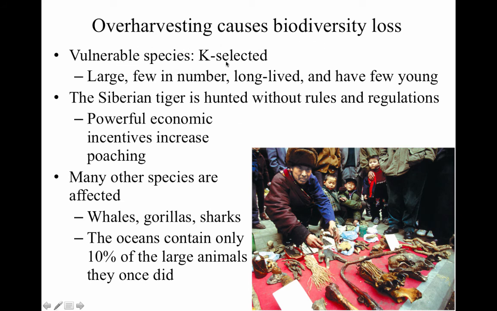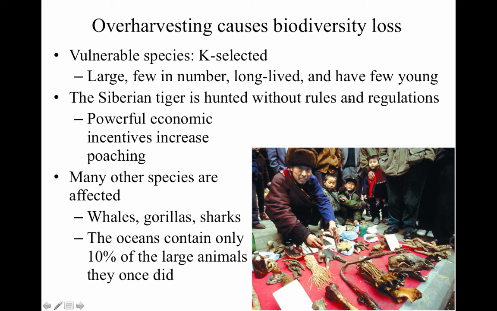The ones that are vulnerable are those that are K-selected. These are the ones that have few offspring and take a long time to mature to get to an age that they can reproduce. These animals are large generally compared to r-selected ones, but they're also fewer in number. They live for a long time and have few young.